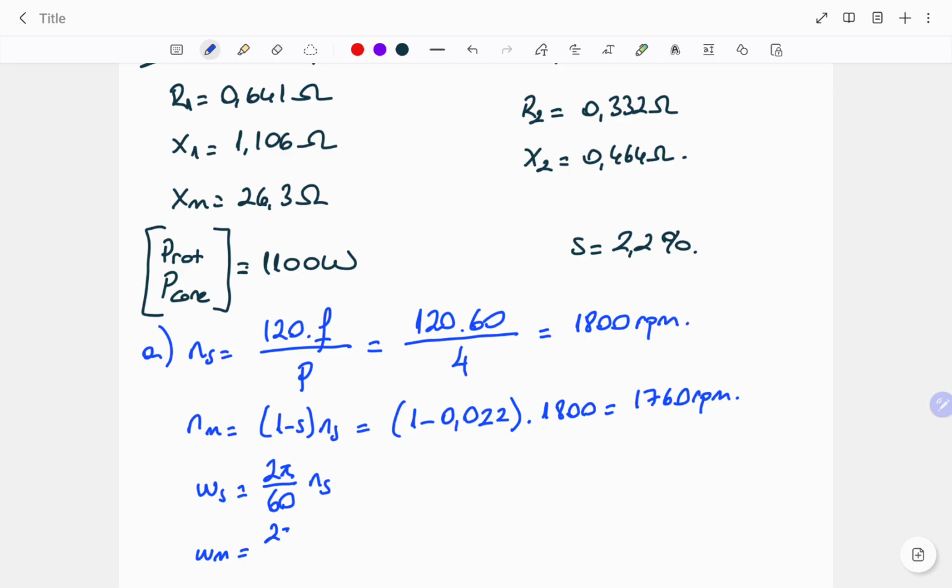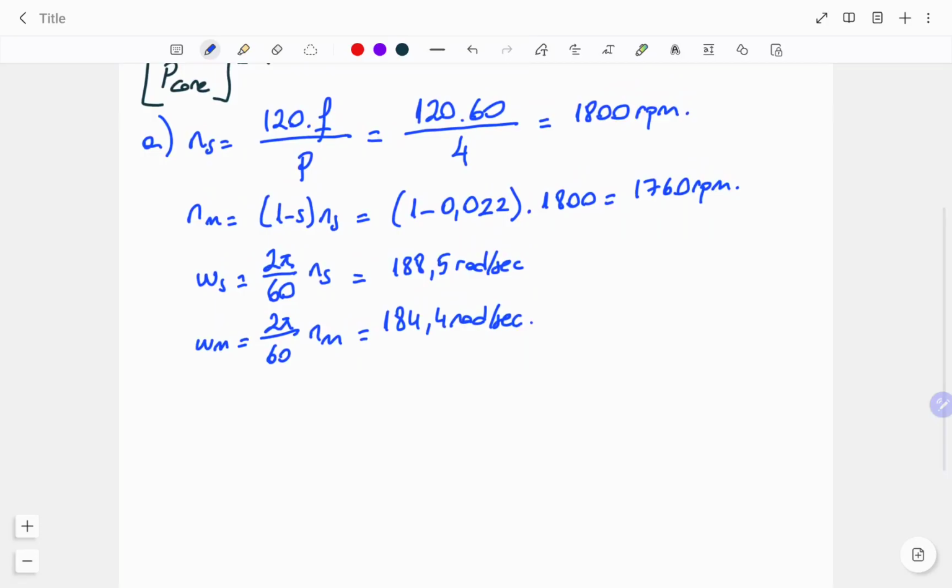And similarly, for the last one, it will be 2 pi over 60 times Nm. From here, we can calculate the first one as 188.5 radian per second. And the last one, Wm, the motor speed in radian per second, can be calculated as 184.4 radian per second.